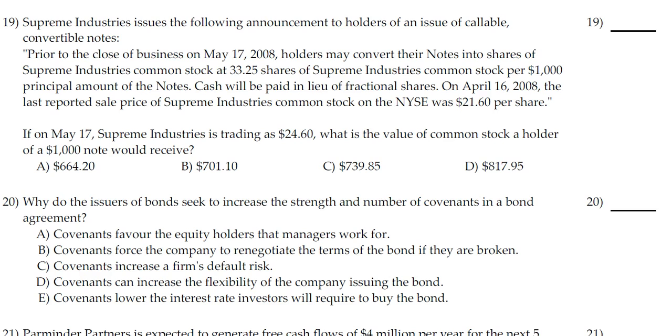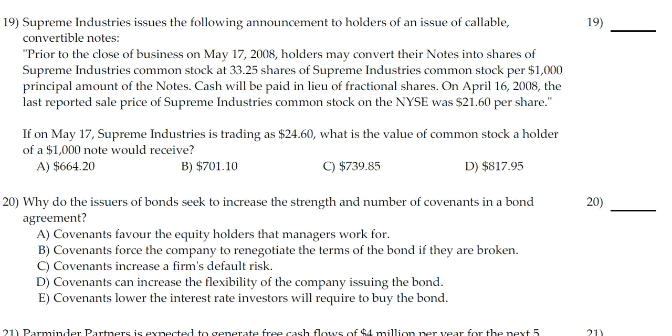Cash will be paid in lieu of fractional shares. On April 16, 2008, the last reported sale price of Supreme Industries common stock on NYSE was $21.60 per share. If on May 17th, Supreme Industries is trading at $24.60, what is the value of common stock?